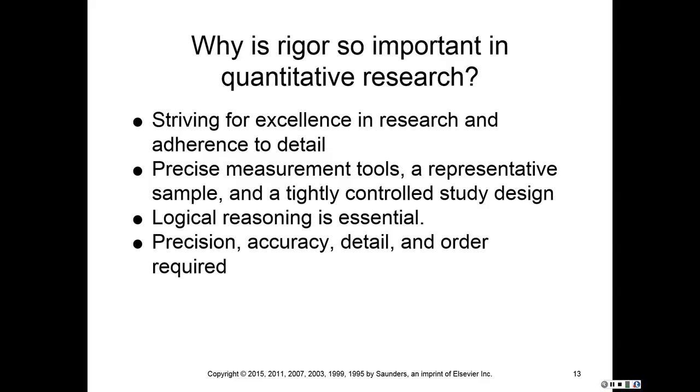So why is rigor so important? In research, we're striving for excellence and adherence to detail. We have to use precise measurement tools, a representative sample, and a tightly controlled study design. There has to be logical reasoning employed, and precision, accuracy, detail, and order are required.